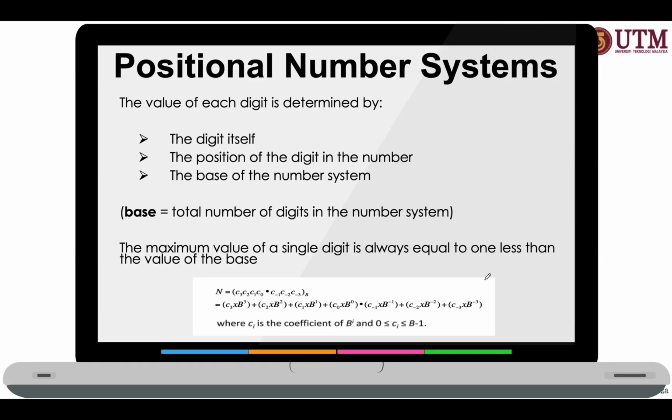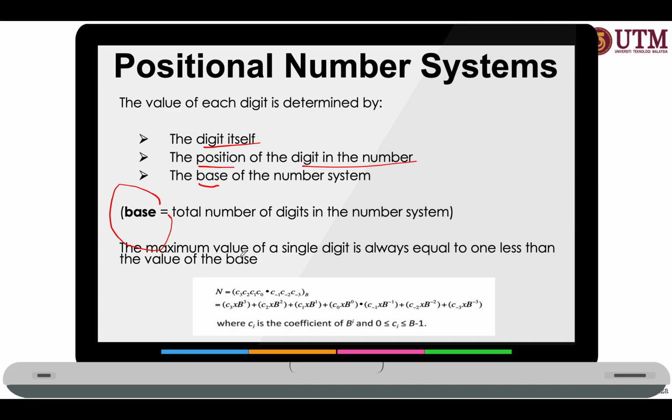In the positional number system, the value of each digit is determined by the digit itself, the second one is the position of the digit in the number, and the third one is the base of the number system. So what is the base? Base is the total number of digits in the number system.